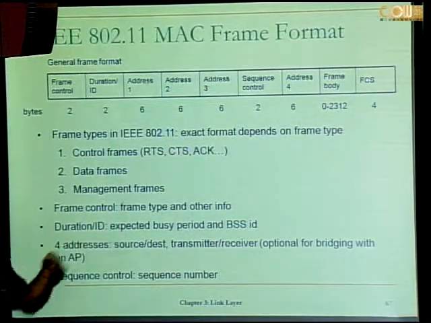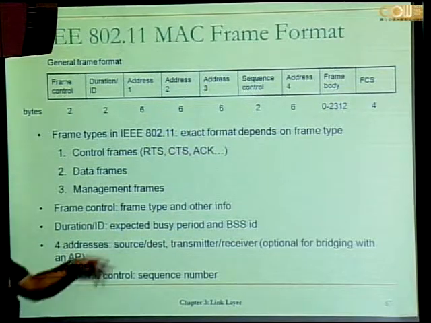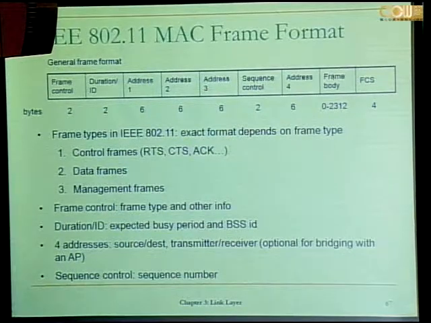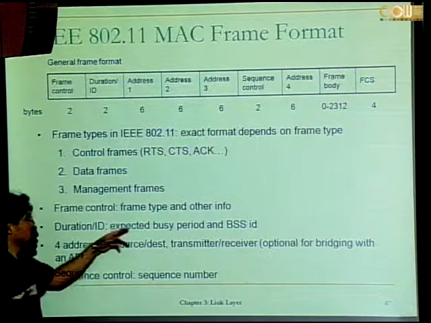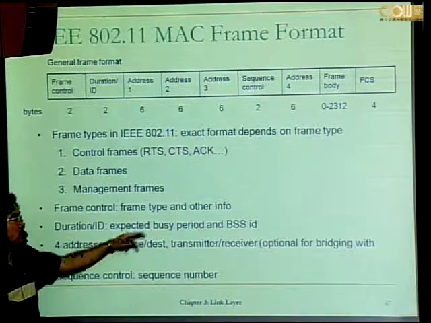Duration here means the expected busy period, which will be the same as RTS CTS. In RTS CTS, you need to specify the time period that you would expect a frame from a station. Here you can also specify the time period that will be busy.